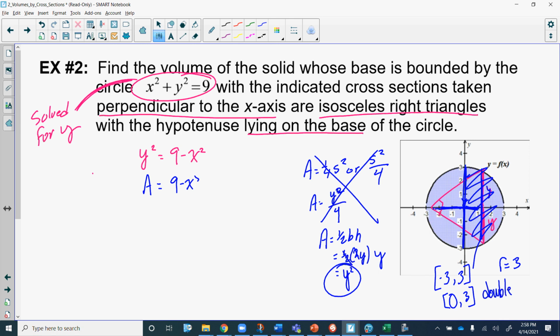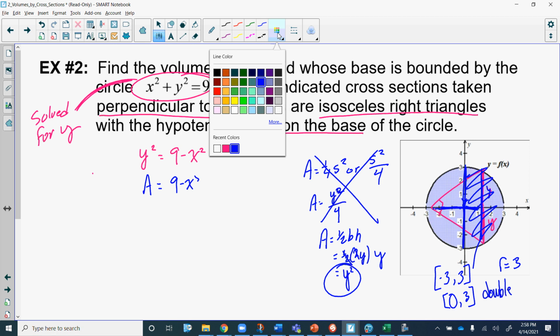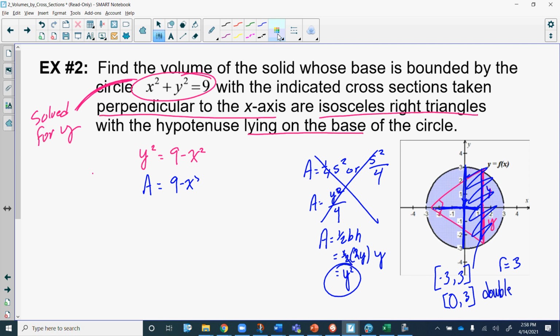So now that I know the area of the figure is going to be 9 minus x squared, and we have our interval for the integration, I'm going to say my volume in this case, I'm going to double it, so that I can go from 0 to 3, and we're going to use the integration of 9 minus x squared dx.